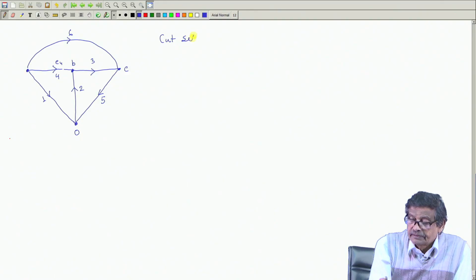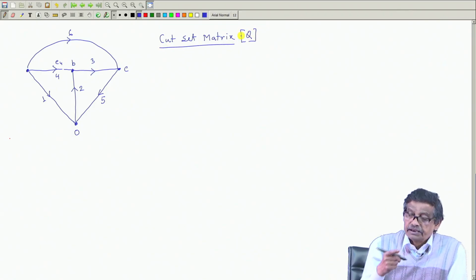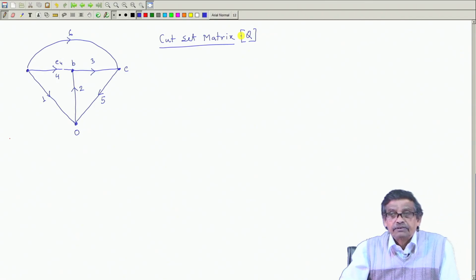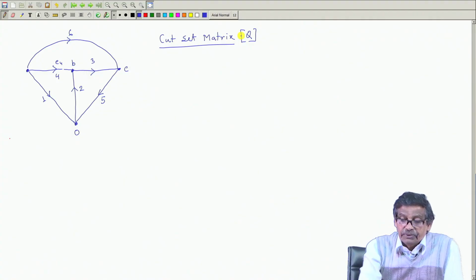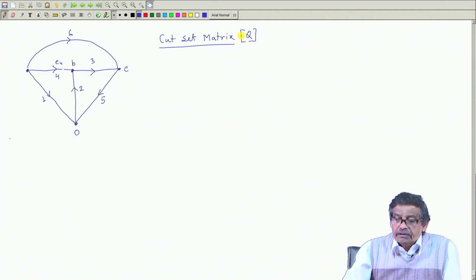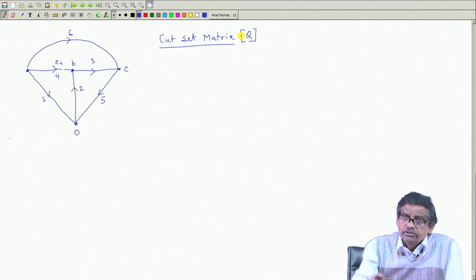Cutset matrix, which will be denoted by Q. We defined A, we defined B. Now, another thing is called Cutset matrix Q. Now, these equations will perhaps be totally new to you. In the earlier two, we only involved KVL, KCL, etc. Here also I will do similar things, but the idea is slightly different.